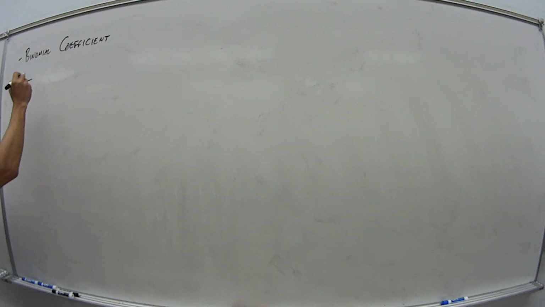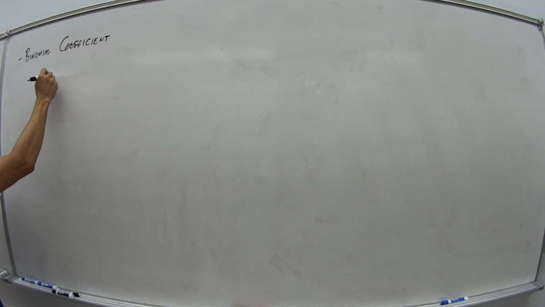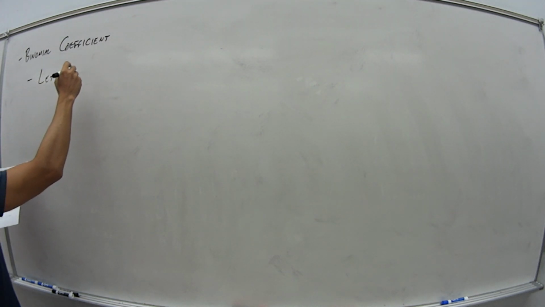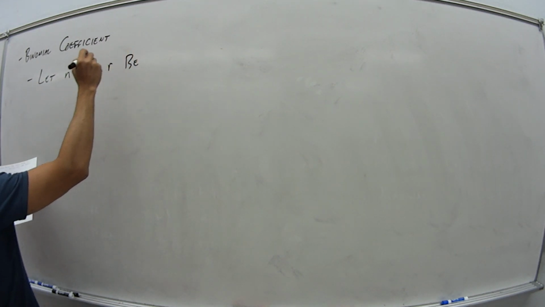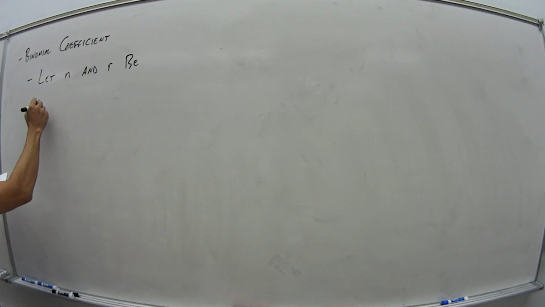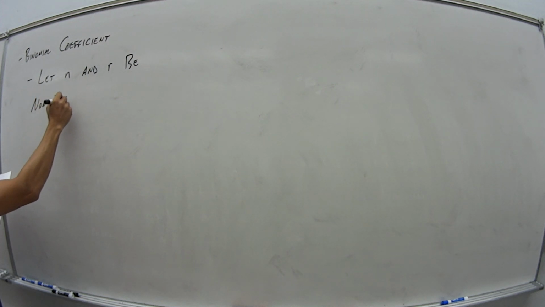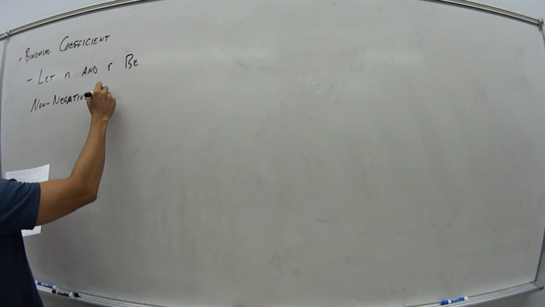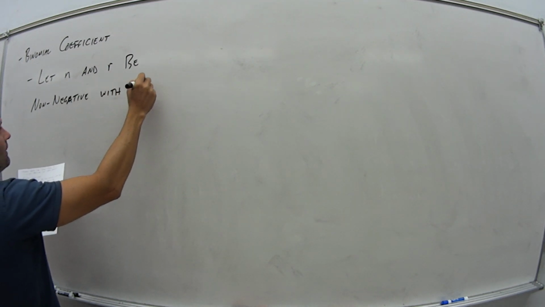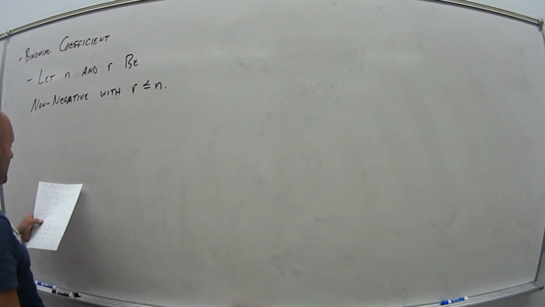And so for the binomial coefficient, we have the following. Let n and r be non-negative integers with r less than or equal to n.